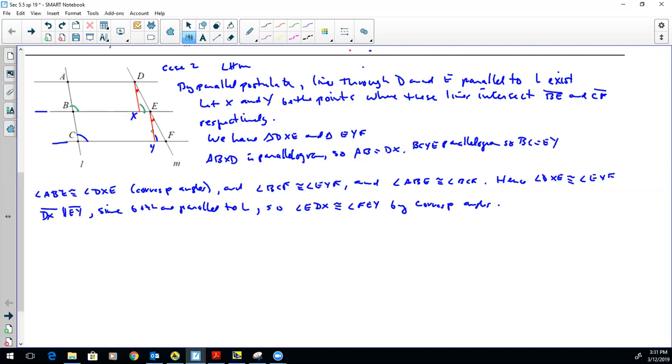I have the two angles at X and Y are congruent. The two angles at D and E are congruent, and the line segments joining them are congruent.